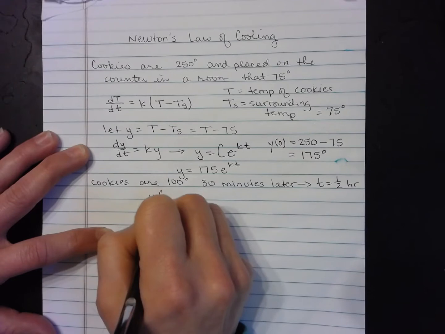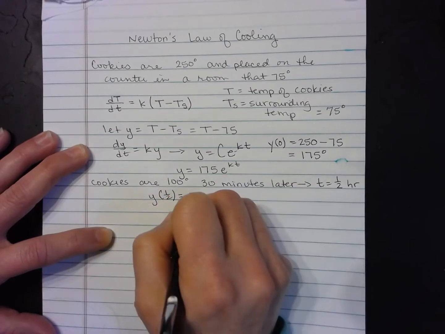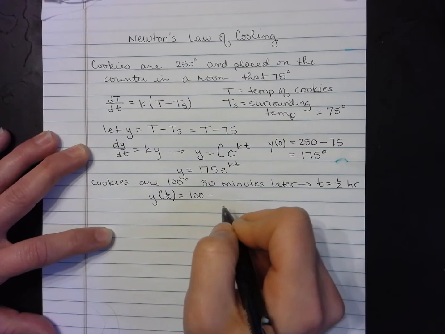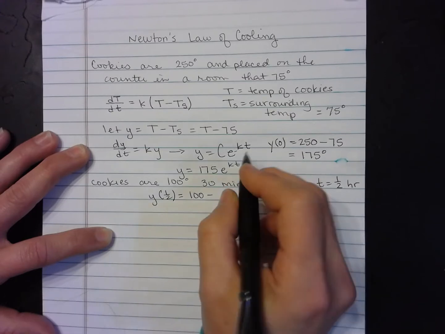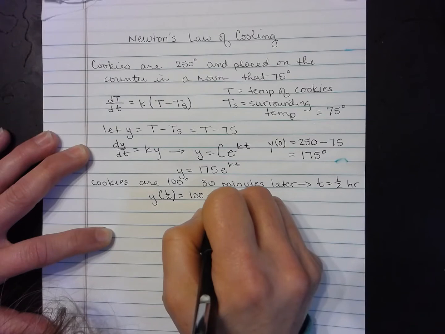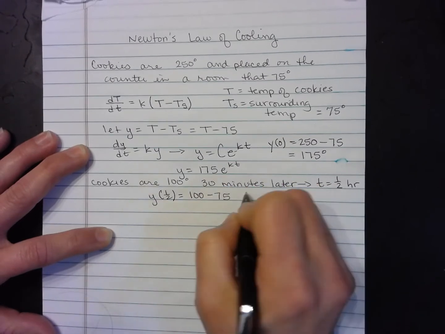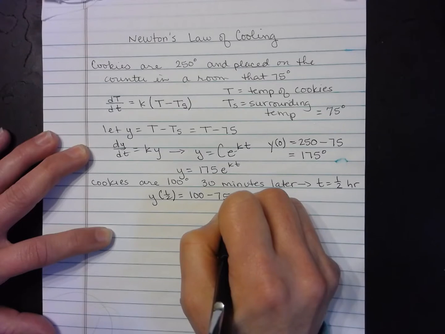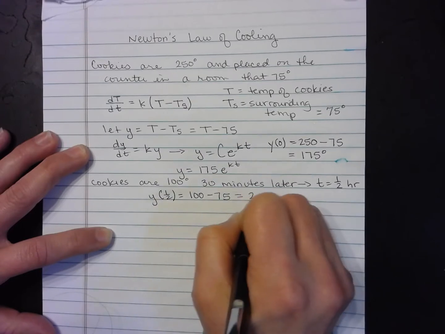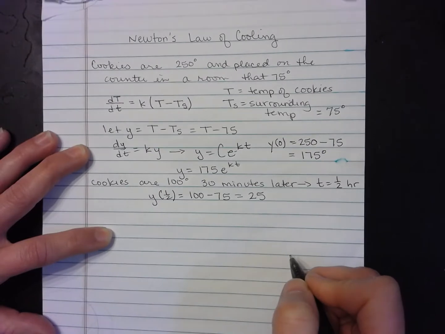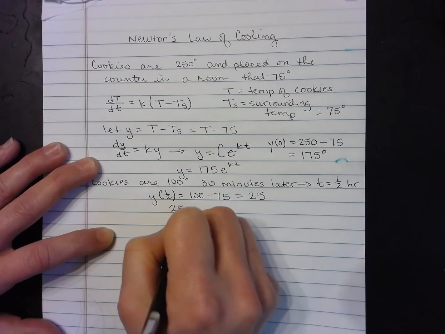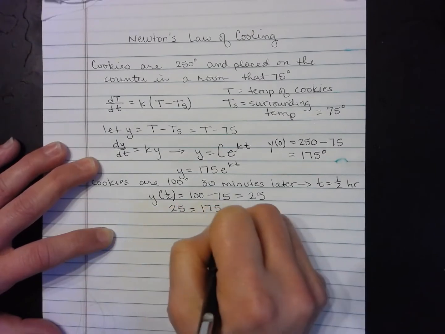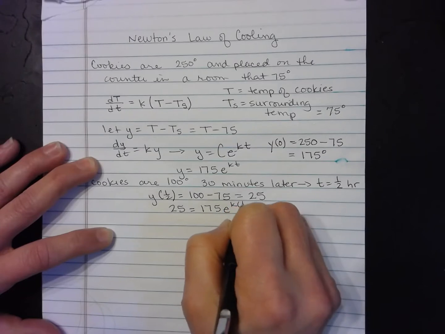So now y of a half is 100 minus 75, so now we have 25 equals 175 e to the k times a half.